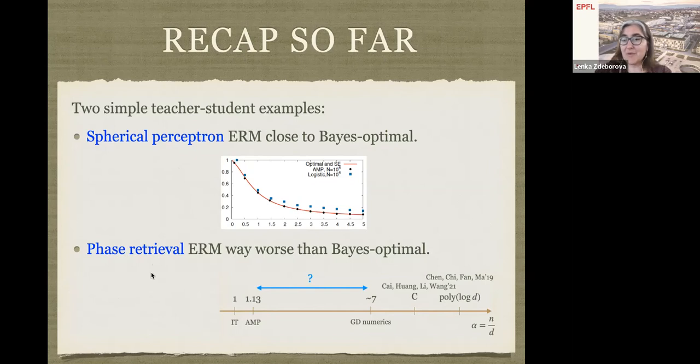Now, in terms of the learning curve, like how many samples do you need to get a given performance, right? So the difference was summarized here. You change sign for absolute value, and what would it change? What I see as a key curiosity is that while nothing much changed, in the spherical perceptron the ERM is basically Bayes optimal.